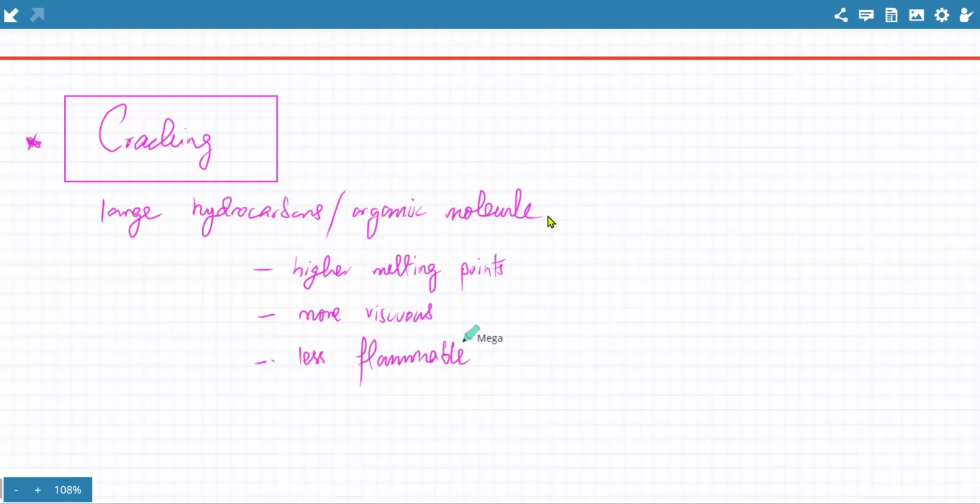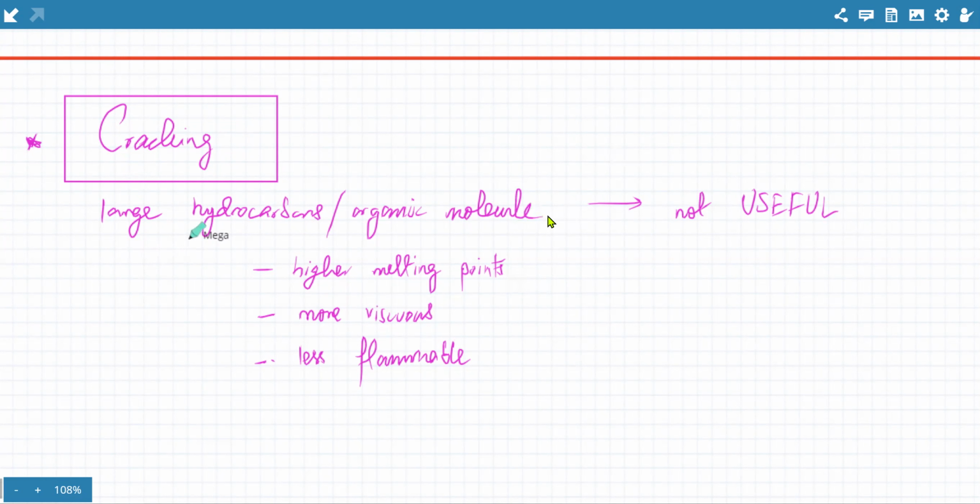They burn very slowly. If you burn candle wax, it burns very, very slowly. So large hydrocarbon organic molecules are much less flammable, and they're definitely not useful. So what you should do is simply break them down into smaller pieces.